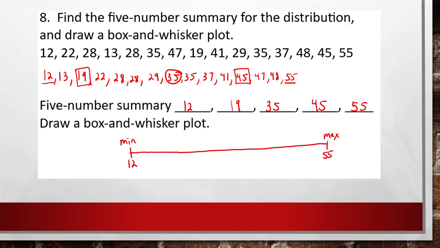Then think about where 35 is in relation to that. It's about 20 from the 55, and you're talking about 23 from the 12, so it's a little bit closer to this side. So I'm going to put my 35 there. That's my median.